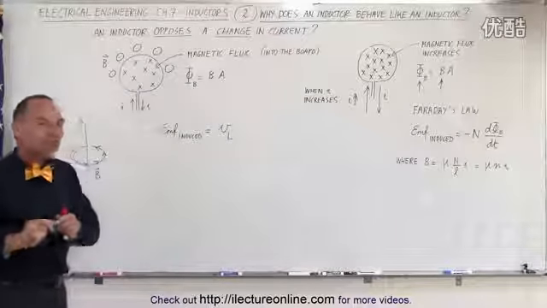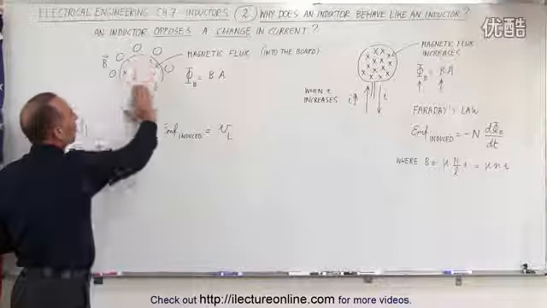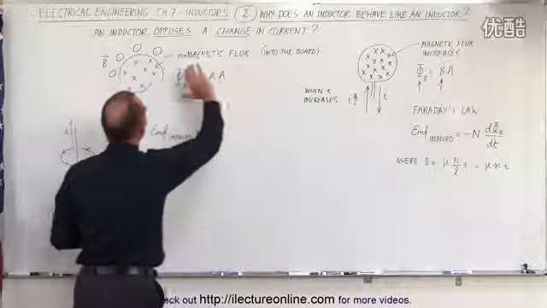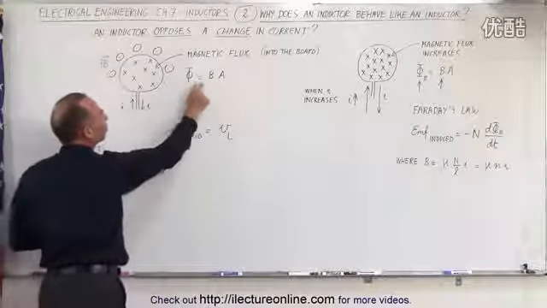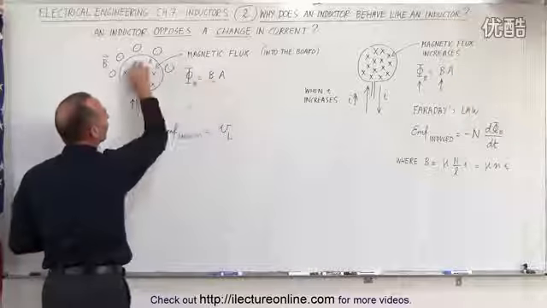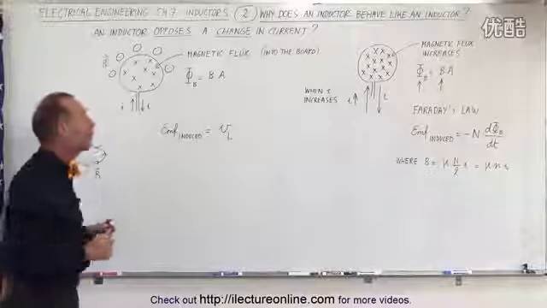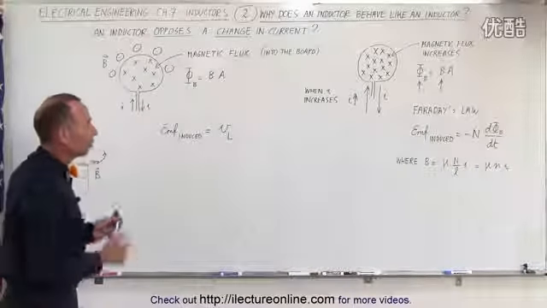We're only concerned about the magnetic field through the loop. We can say that there's what we call magnetic flux through the loop. In this case, it's into the board because of the direction of the current like this, and the amount of flux is simply equal to the strength of the magnetic field inside the loop times the cross-sectional area of the loop, however big the loop is. The bigger the loop, of course, the bigger the flux through the loop.